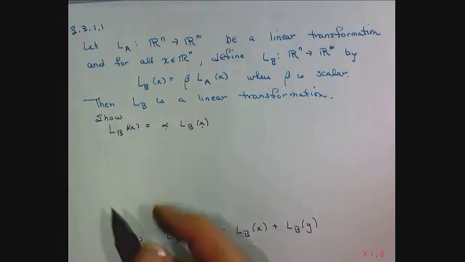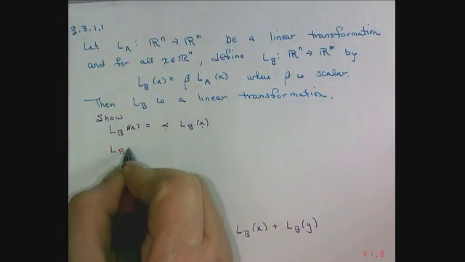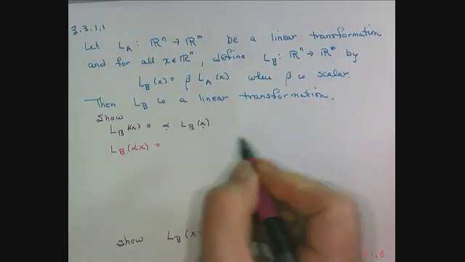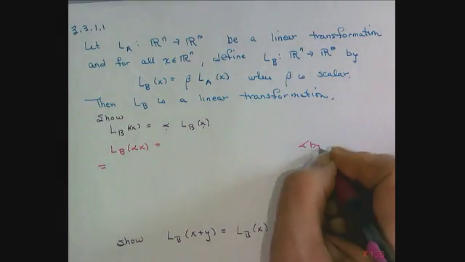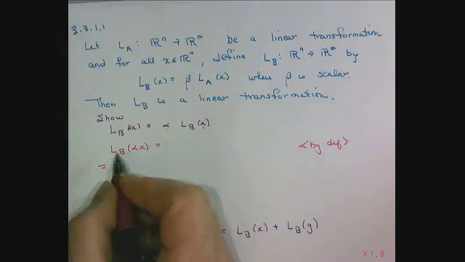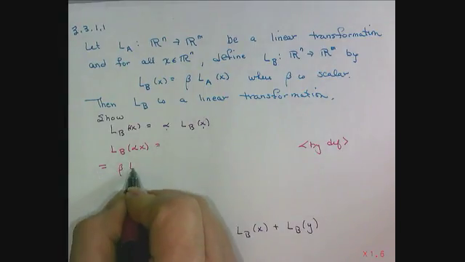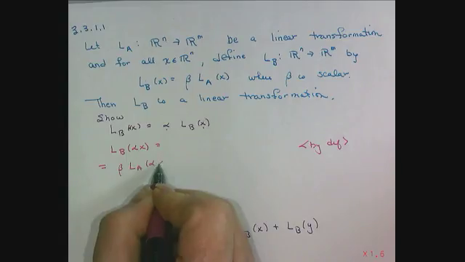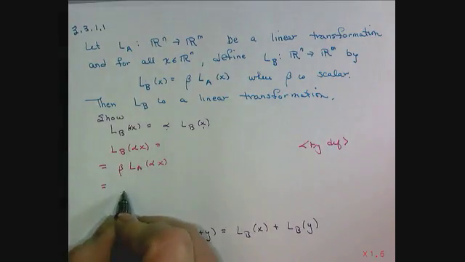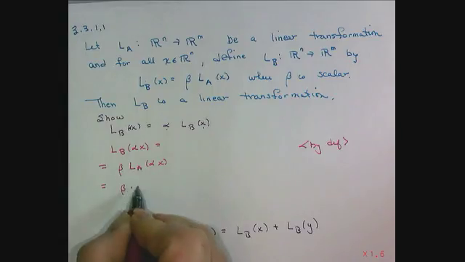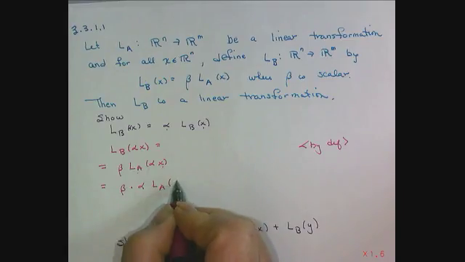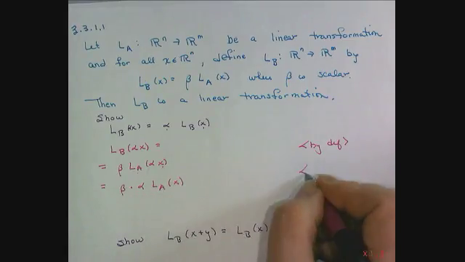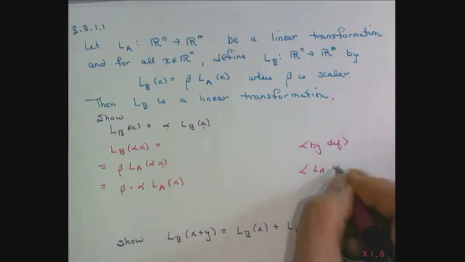So let's see if I can do that. I'm going to start with L sub B of alpha times x. Now, by definition, this is equal to beta times L sub A of alpha times x. But this is the same as beta times alpha times L sub A of x, since L sub A is a linear transformation.